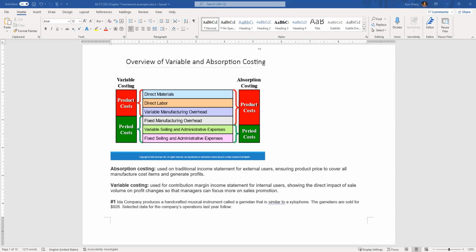Under the absorption costing concept, the product cost, like we reflected in the cost of goods sold, will include all of the three manufacturer cost items related to the units sold. So it means all of your variable manufacturer cost and the fixed manufacturer cost will be captured by the units sold.